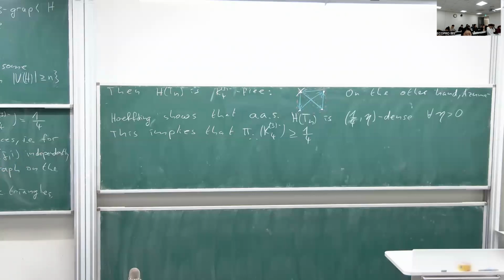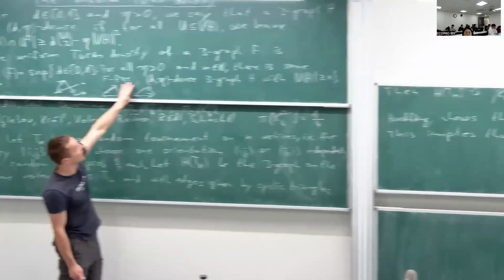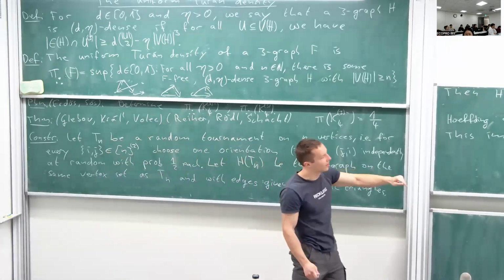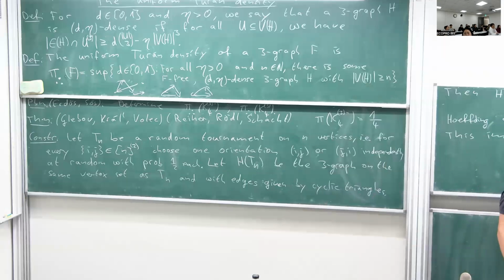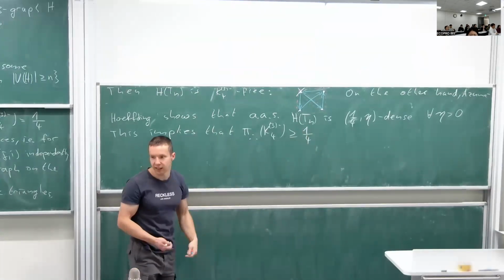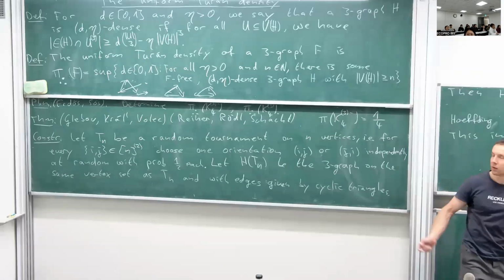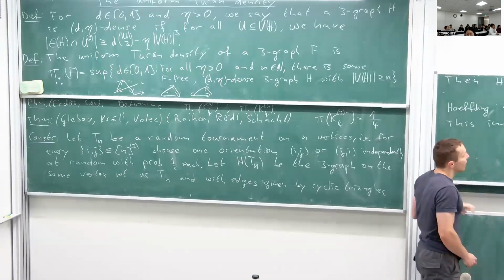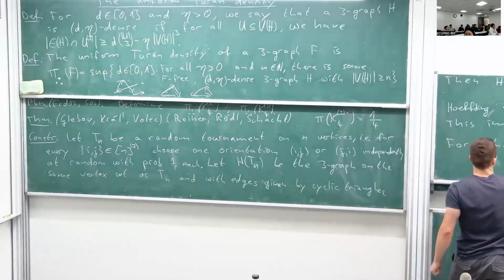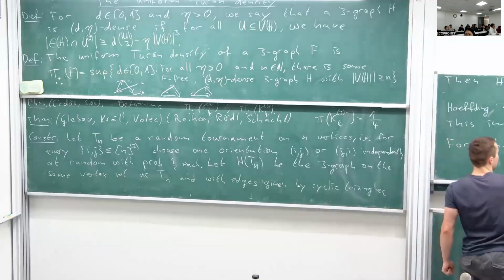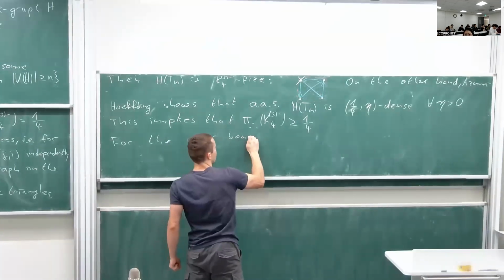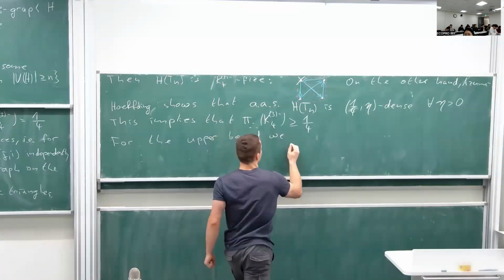So in particular, those H_T^n will be candidates in here. Or, of course, those which satisfy this, because this is basically a family, right? Because it's just a random thing. But those which then satisfy this property will be candidates. Okay. So for the upper bound, we need some preparation.